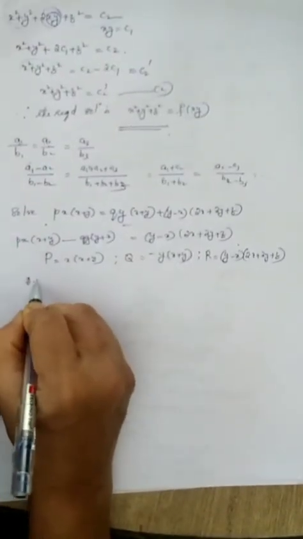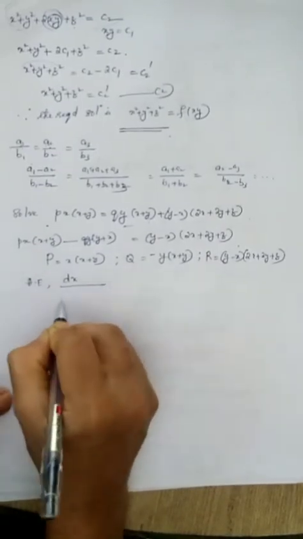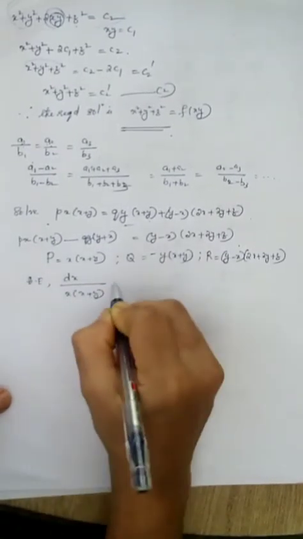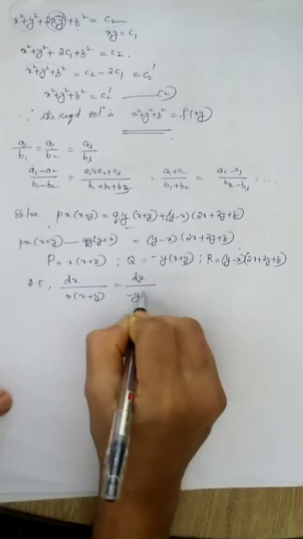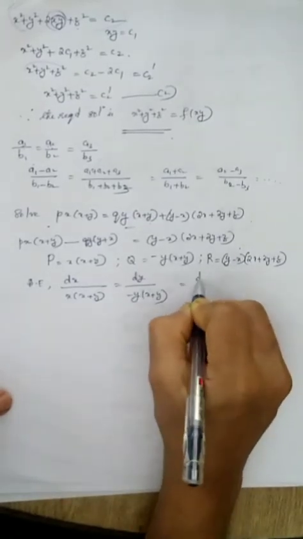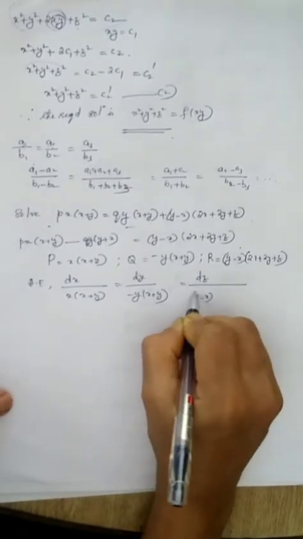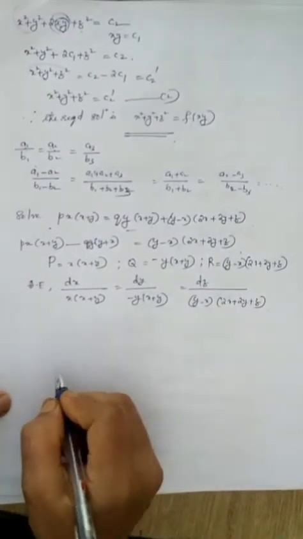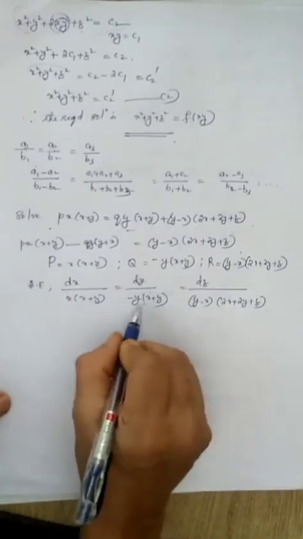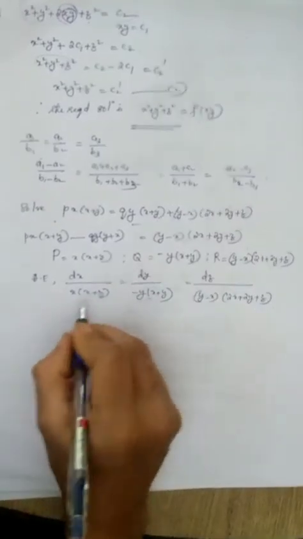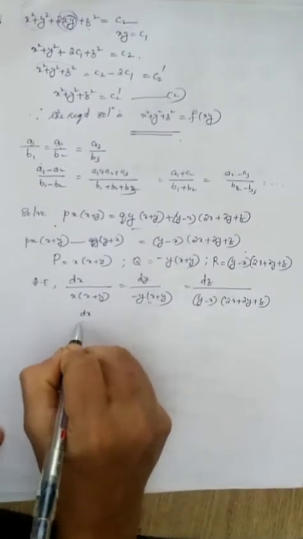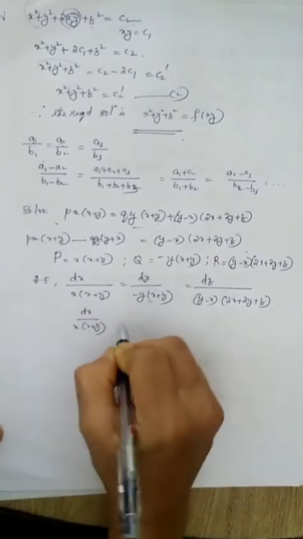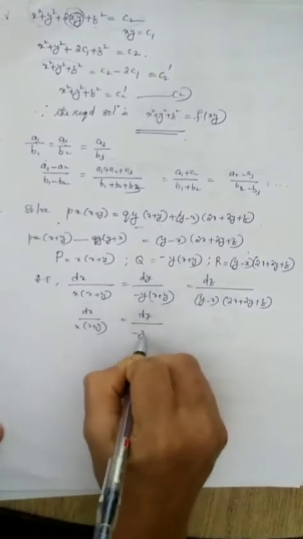Therefore, the auxiliary equation is dx by x into x plus y, dy by minus y into x plus y, dz by y minus x into 2x plus 2y plus z. Now, the first two ratios can be compared. So, comparing these two, dx by x into x plus y equal to dy by minus y into x plus y.